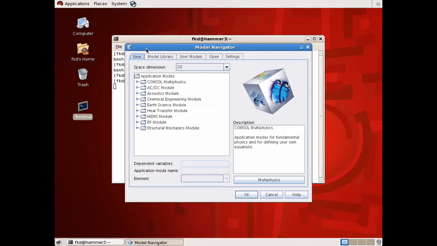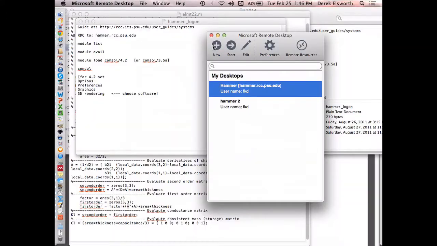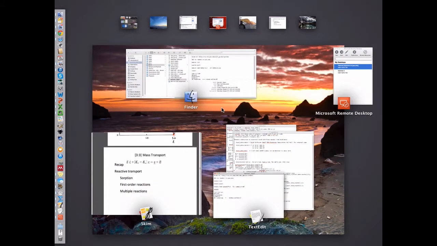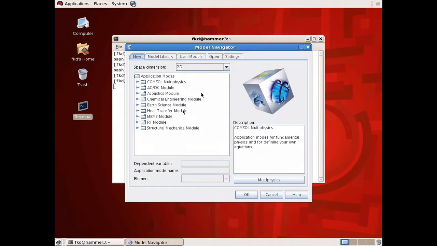Does it work? Does it not work? Is it frozen? Okay, so does it still exist anywhere? Doesn't look very promising that it likes to keep that little thing there, don't you think?